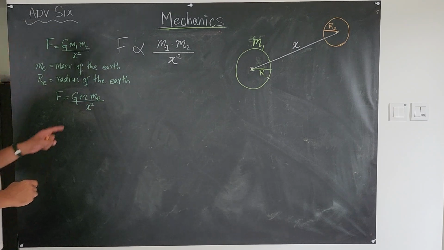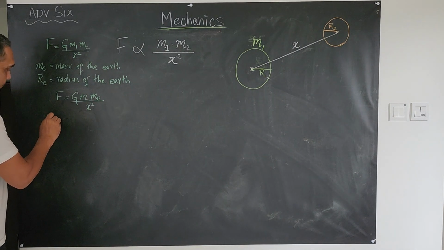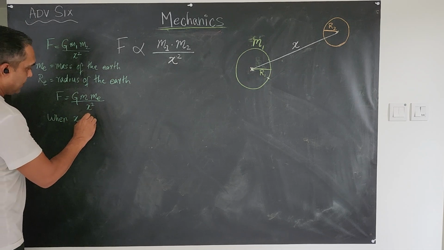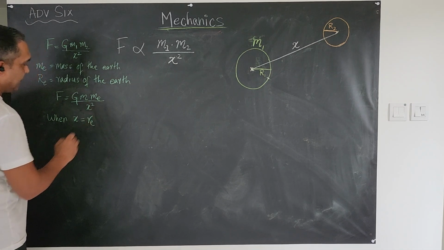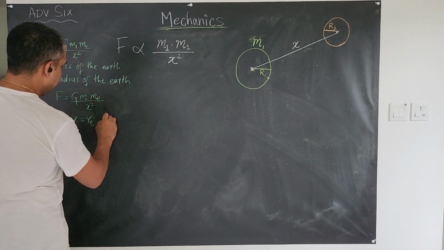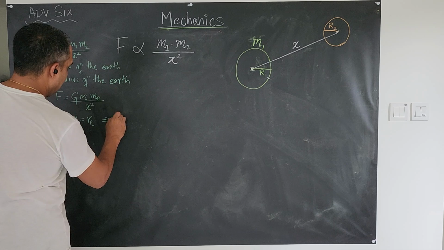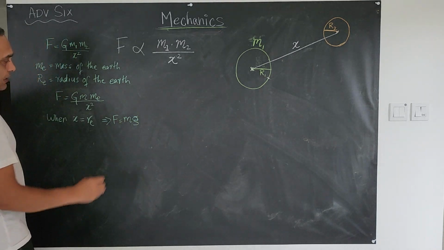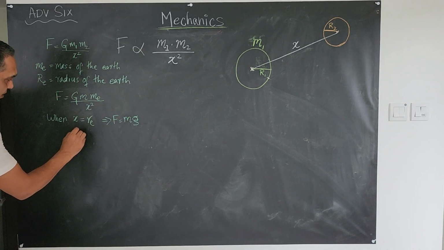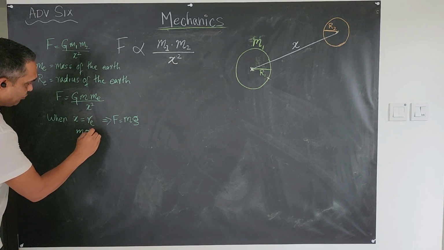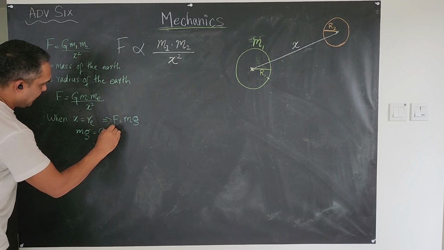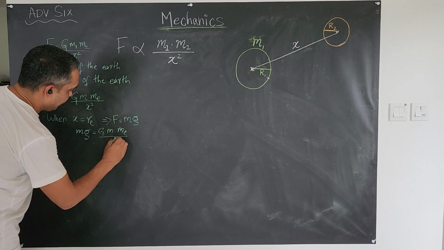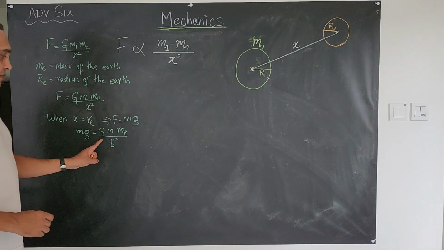But if I were to bring the particle to where x is equal to the radius of the Earth, we also know the mass of the particle times acceleration due to gravity, mg, is equal to G times m times Me by the square of the radius. We did this math and figured out a relationship for g.